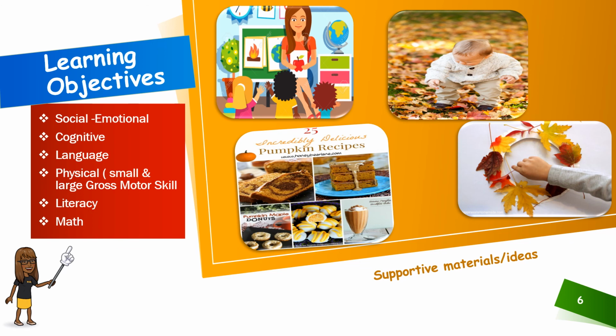That would be using their arms and their fingers, the small and large motor skills. So all of those are very crucial. You want to make sure you tackle all of their learning objectives for their own growth and development.